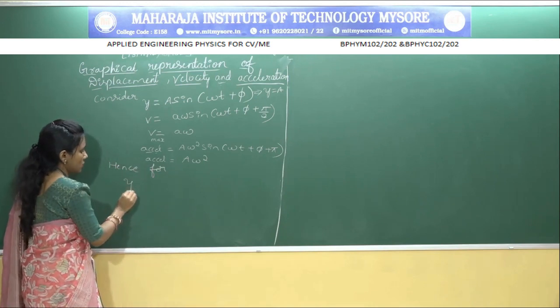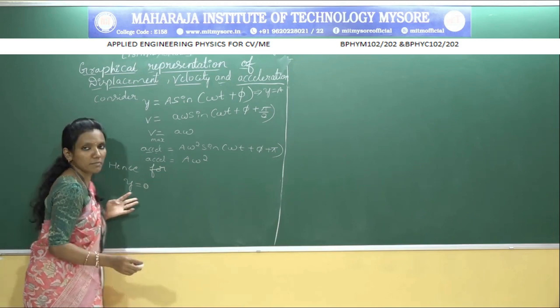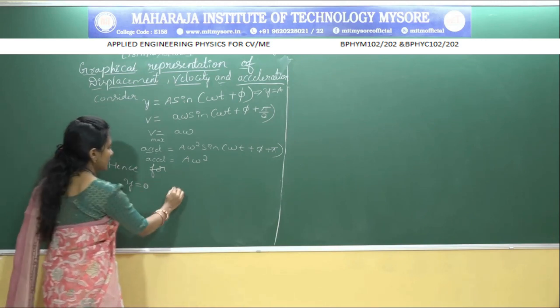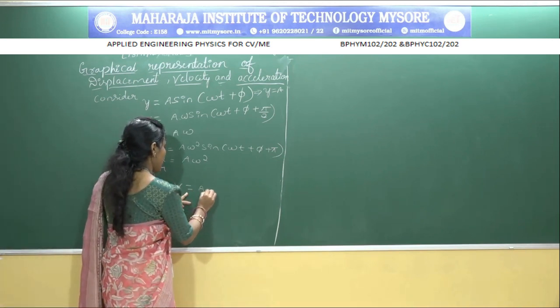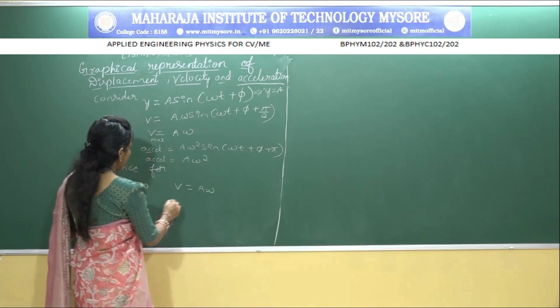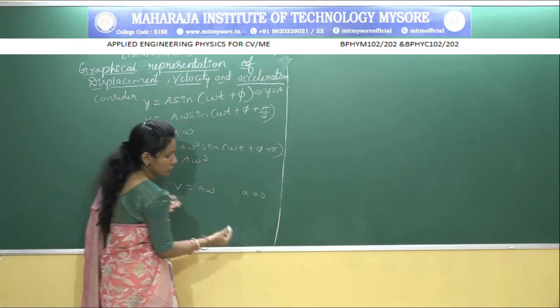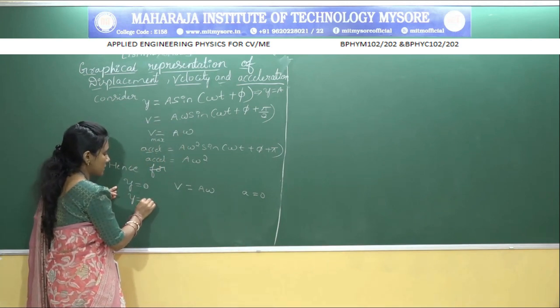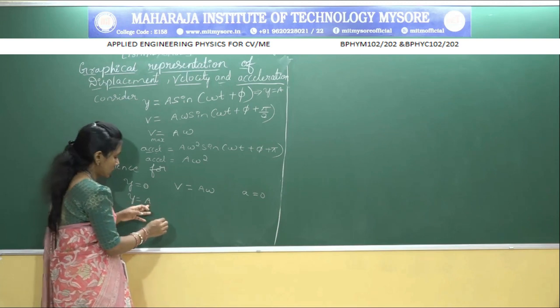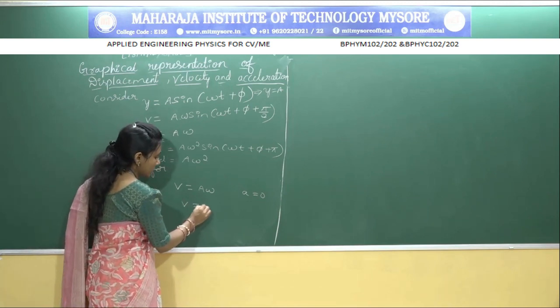When the displacement is 0 at the mean position, the velocity is V max, A omega, and the acceleration is also 0 at the mean position. When the displacement is maximum, the amplitude is y is equal to A, and the velocity will be 0.